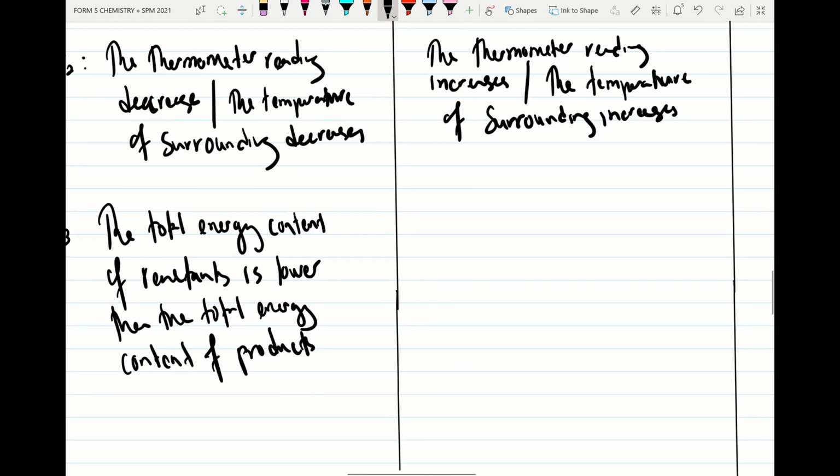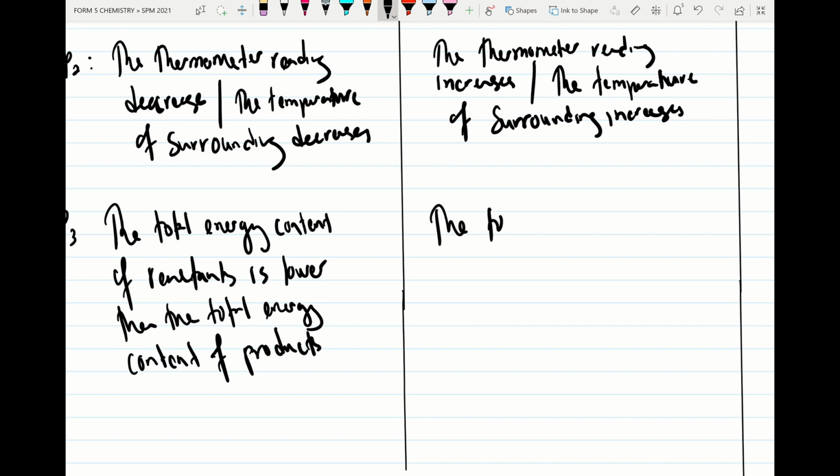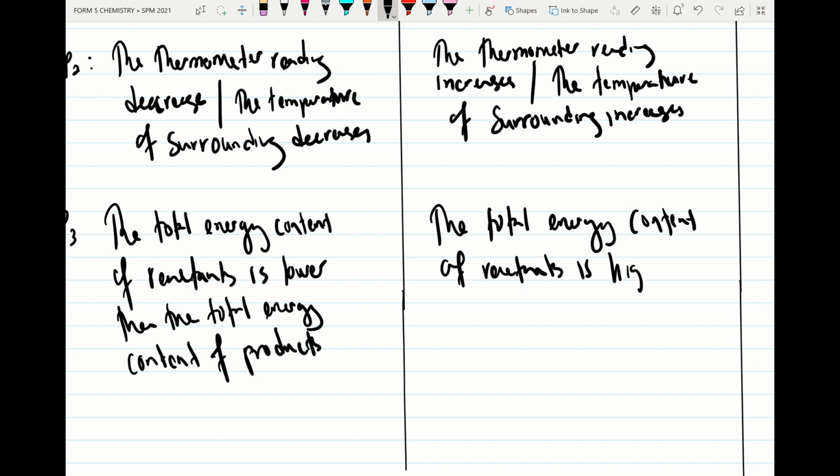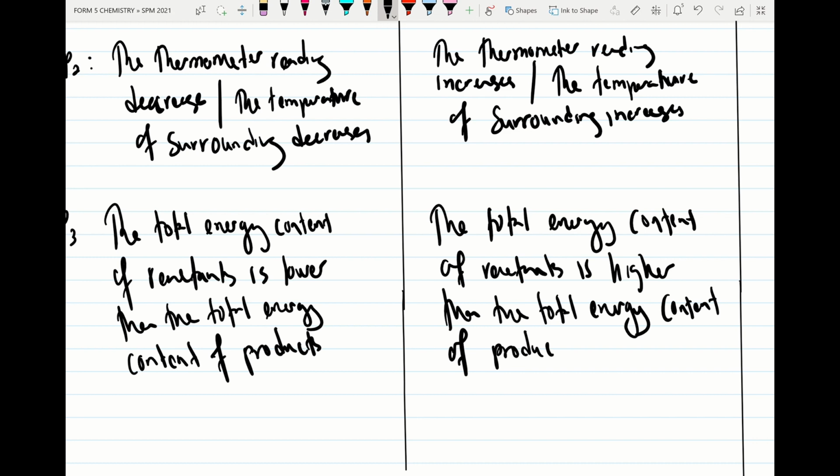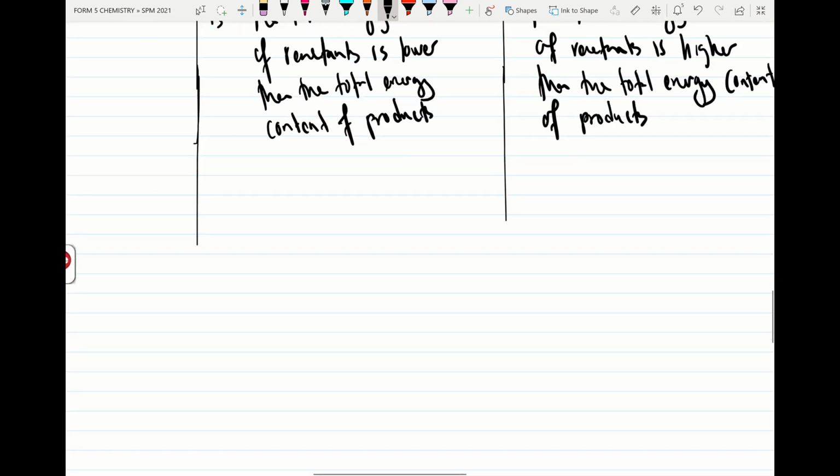All right, so point number three here will be the total energy content of reactants is higher than the total energy content of products. All right, so we put like this.